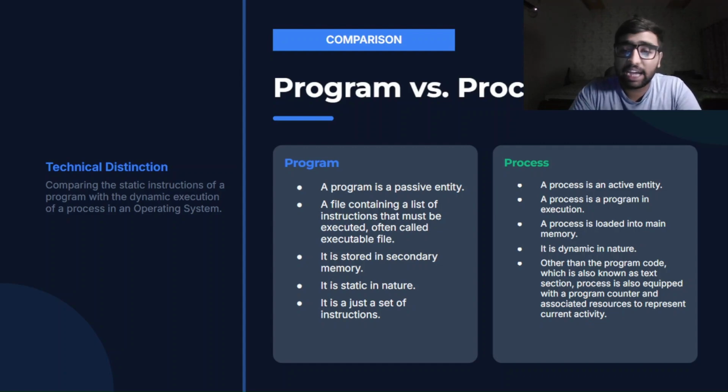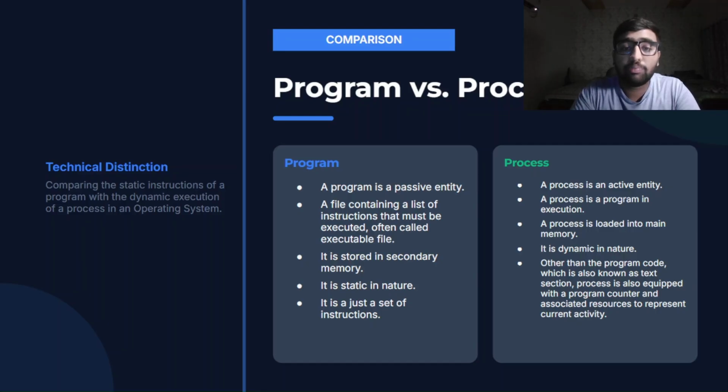A program is static in nature, whereas a process is dynamic in nature. A program is just a set of instructions, whereas a process, other than the program code, which is also known as the text section, is also equipped with a program counter and associated resources to represent current activity. The program counter points at the next instruction to be executed, and the other associated resources define how memory associated with a process is managed.